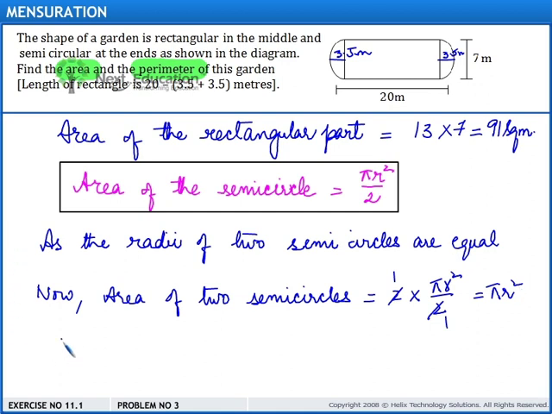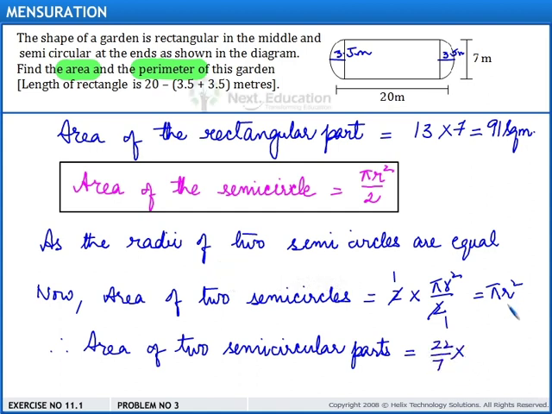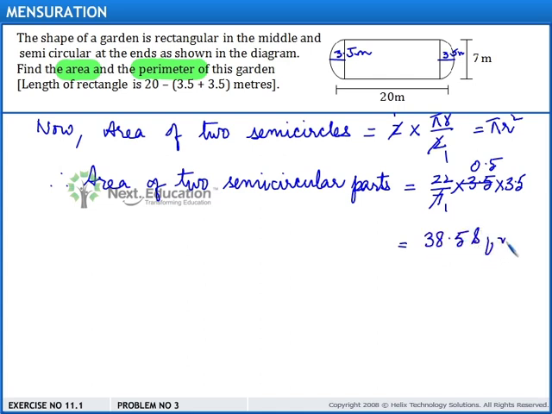Therefore area of two semicircular parts is equal to, now pi means 22 upon 7 multiplied by r square, that is 3.5 multiplied by 3.5. On simplification we get here the value of the area of two semicircular parts is equal to 38.5 square meters.